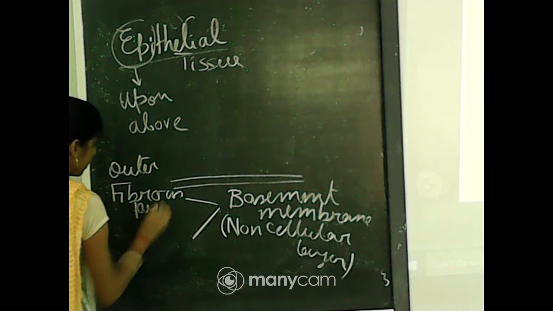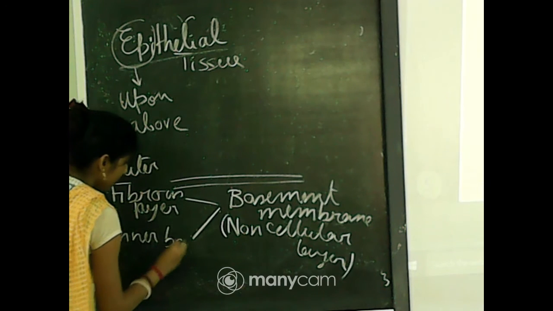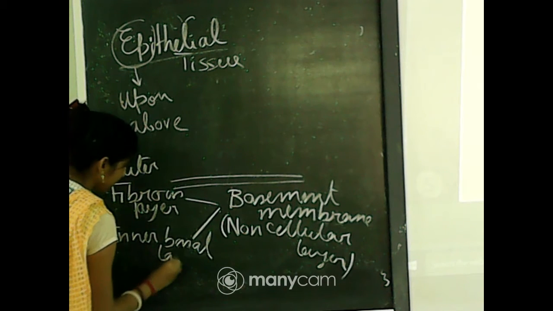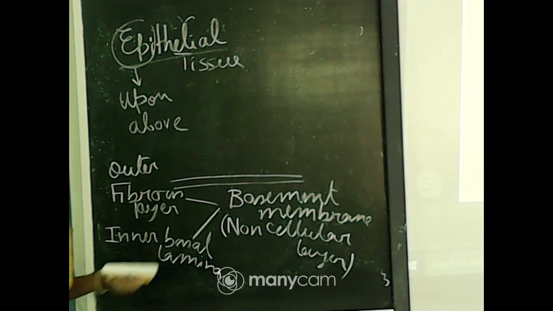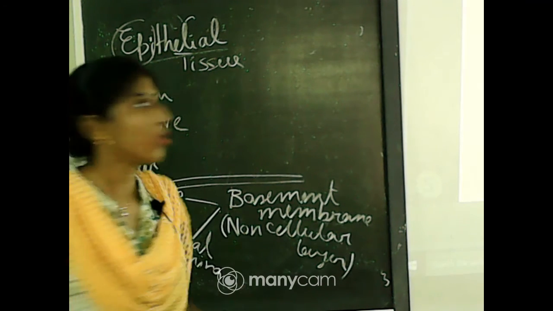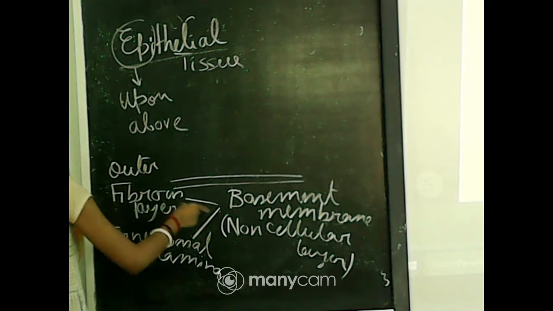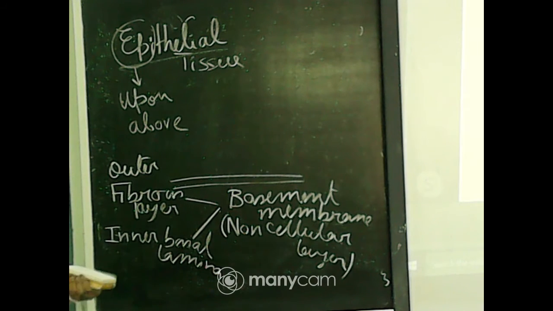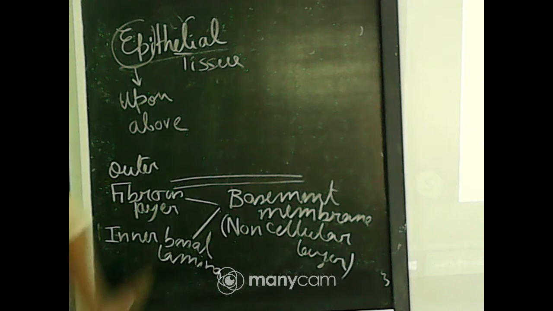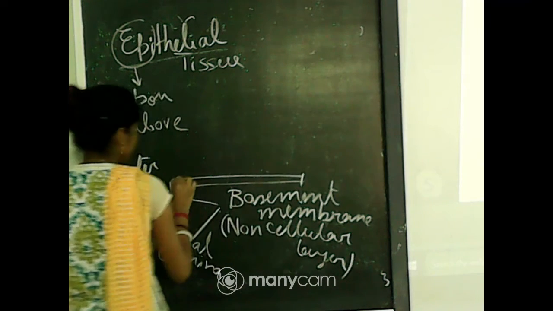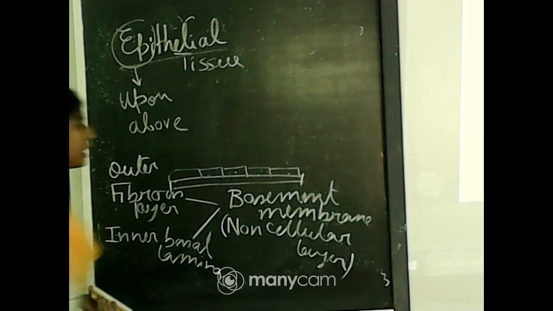The outer layer is the fibrous layer, and the inner layer is called the basal lamina. So, the epithelial tissue develops on a non-cellular layer called the basement membrane, whose outer layer is the fibrous layer and whose inner layer is the basal lamina. That is the basement membrane, and those are the epithelial tissue.